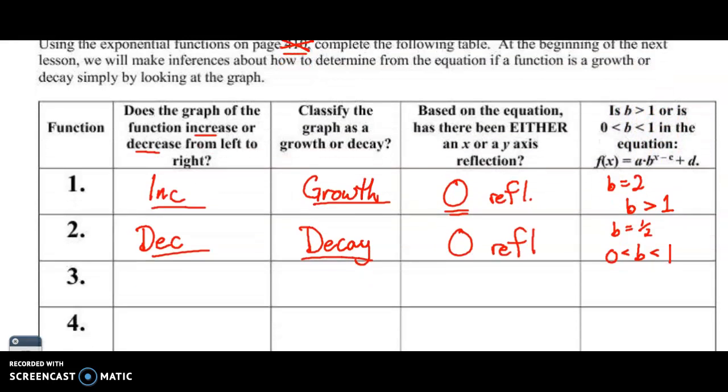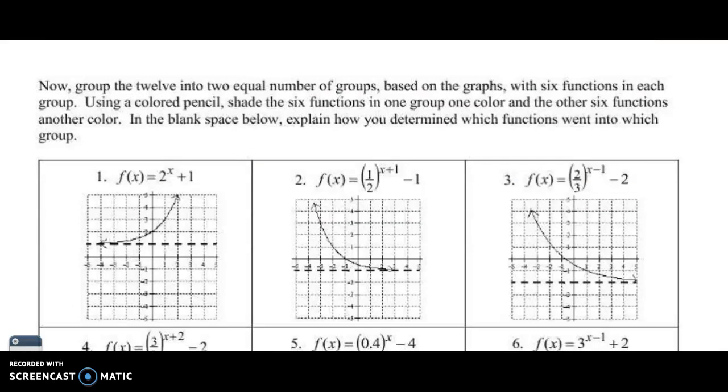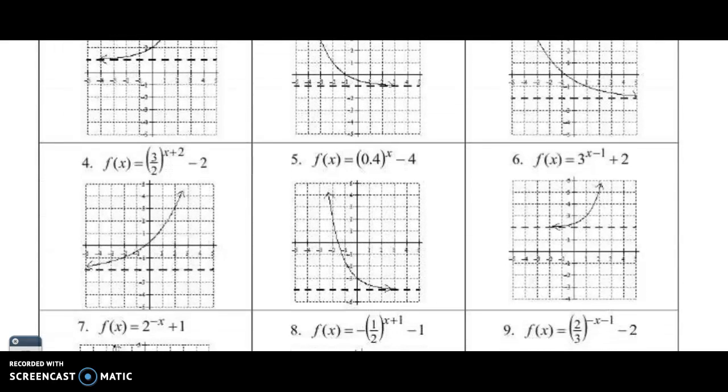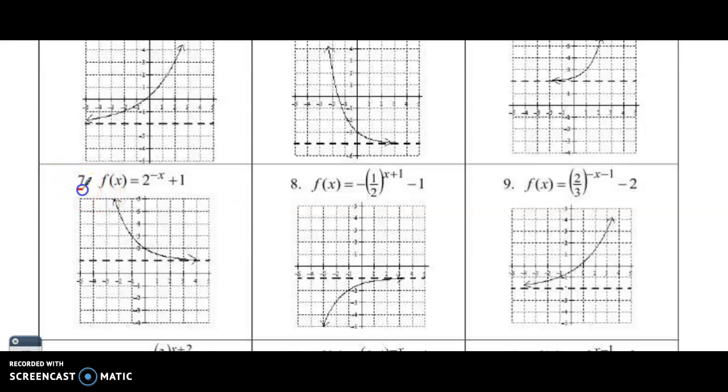So go ahead and work through some of the remaining ones, and I'll share with you the chart, and then I'll share with you what you're supposed to learn. So investigate a little bit, but if you don't want to investigate on your own, you just want the answers, just keep watching. As I'm looking through this, the first one with any reflections occurs at number 7 because there's a negative right here. There's 1 reflection. Number 8, there's a negative right here.